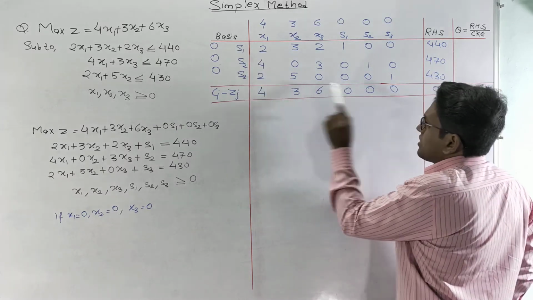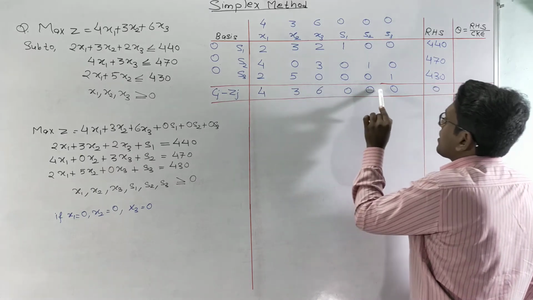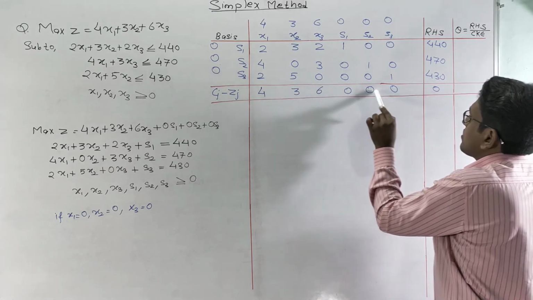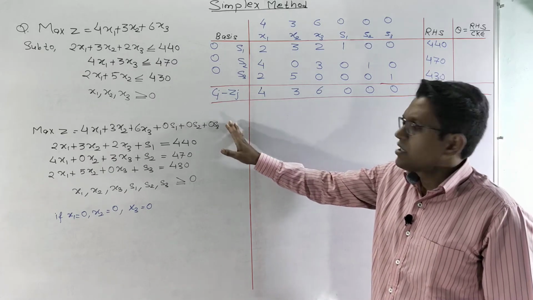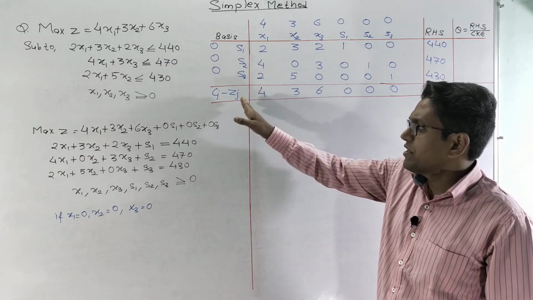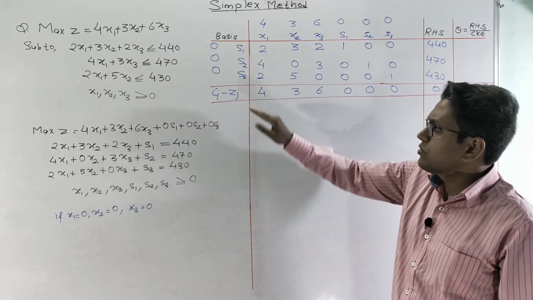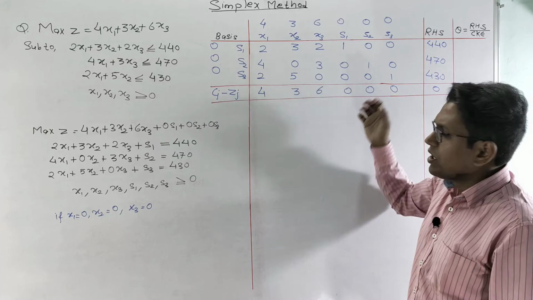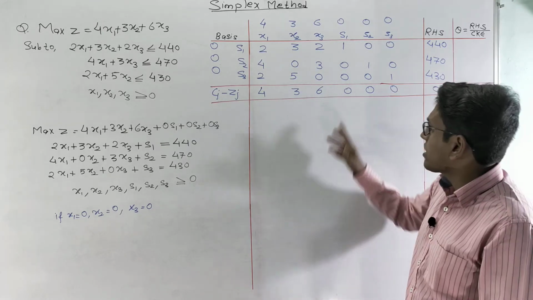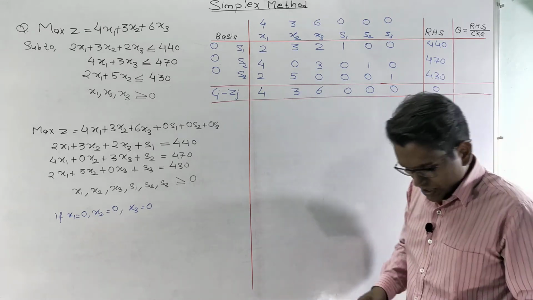So their Cj minus Zj values are automatically 0, 0 and 0. So whenever we are solving a problem, if we can see the variables in the basis column, we need not calculate the Cj minus Zj value, because they will automatically come as 0.